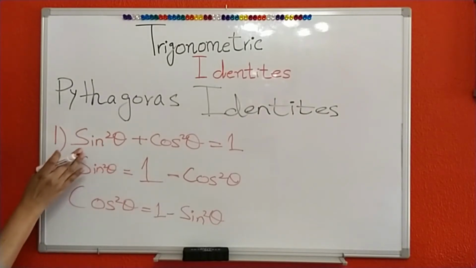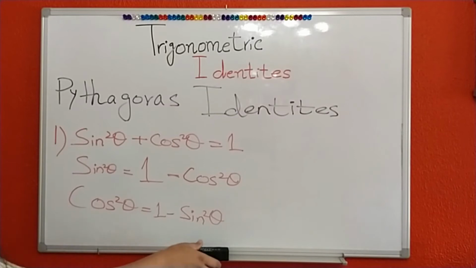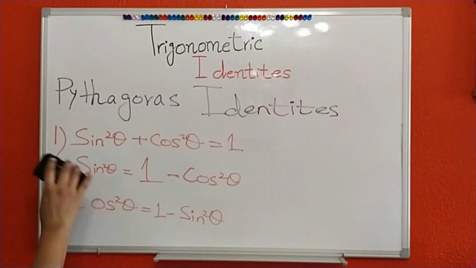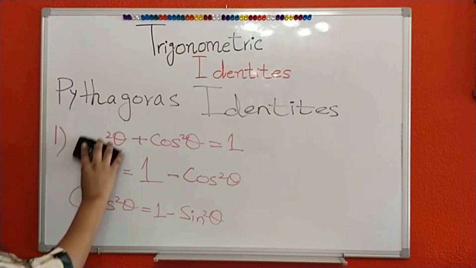So from a single identity we can generate two more formulas. So this is the first identity and this is the very easy identity. Okay, what about the next one? The next one is, let me erase this. I hope you understand this.